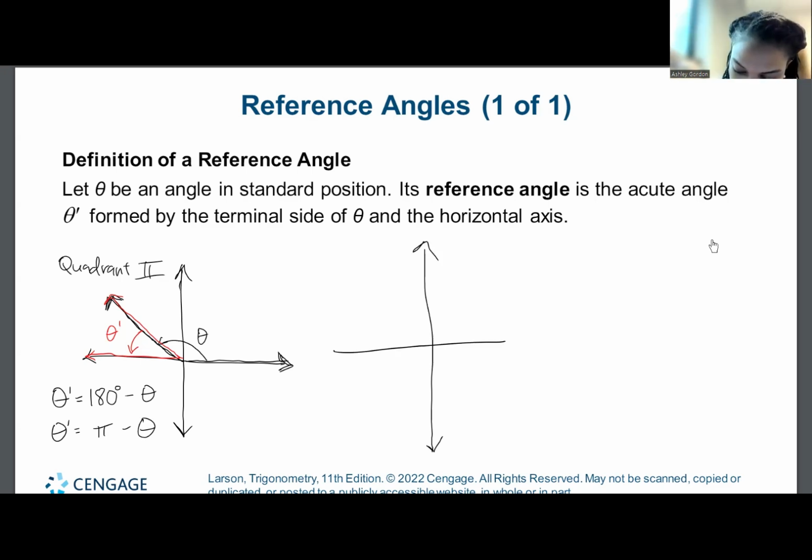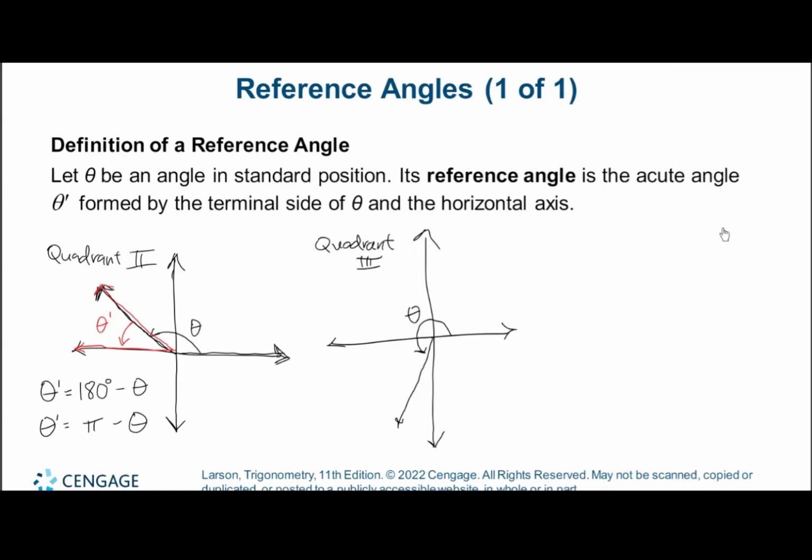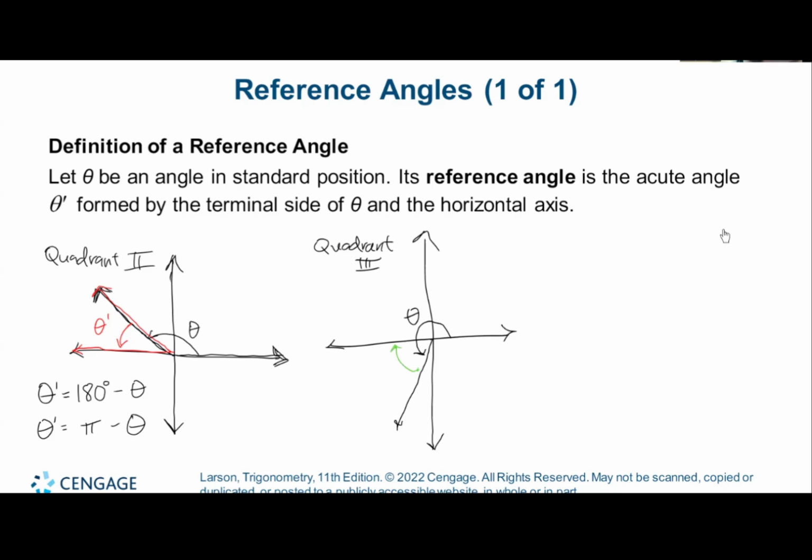If your angle's in quadrant 3, give just some angle that's in quadrant 3. So I'm rotating all the way down here. That's my theta. In this case, the shortest way to get back to the x-axis is to go this way here. So this green angle, formed by the terminal side of the given angle and the horizontal axis, that's the reference angle.